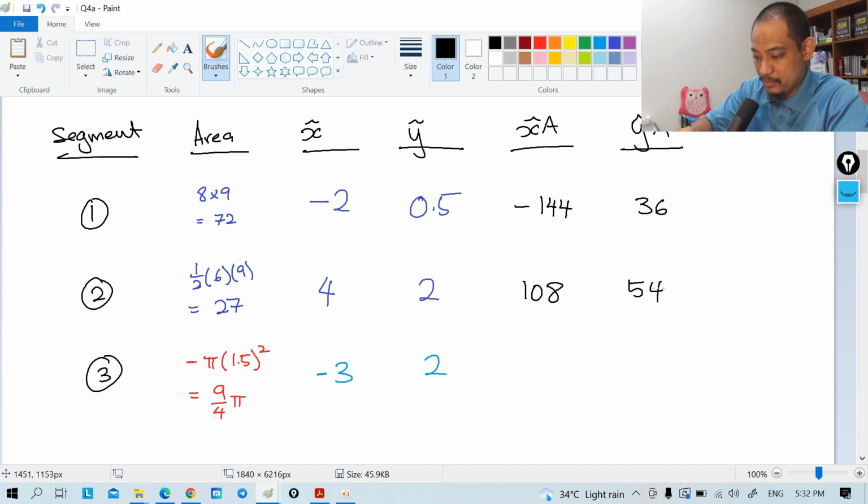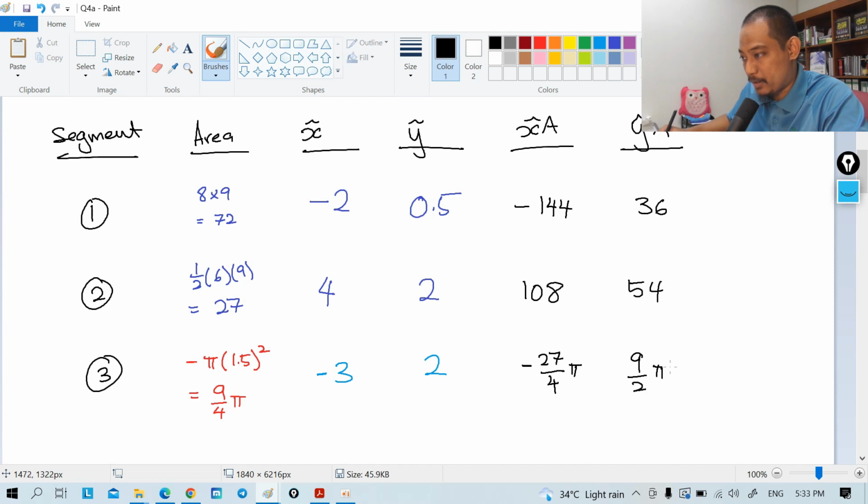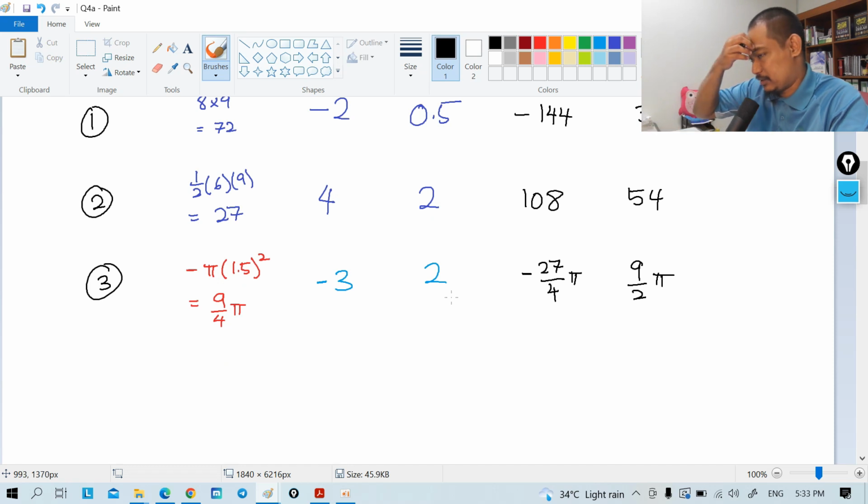Then 9 divided by 4 times pi times -3, so minus 27/4 pi. And 9/4 times pi times 2 becomes 9/2 pi. Of course, if you want to use decimal point, no problem, but generally speaking I prefer to avoid rounding error until the very end.